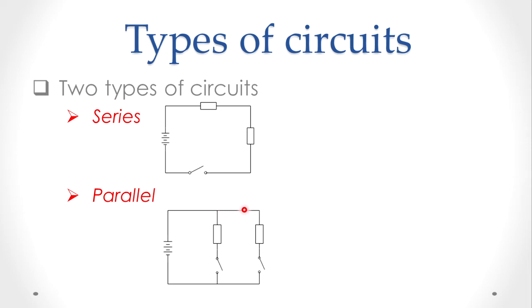In this example there can be multiple paths. In this example there are two paths, and this is the symbolism used for a resistor. That's the symbolism used for a switch, and of course here we have a number of cells.